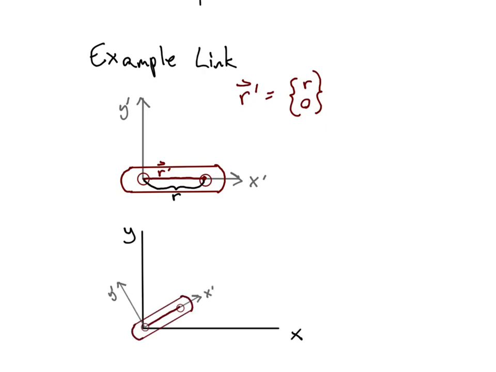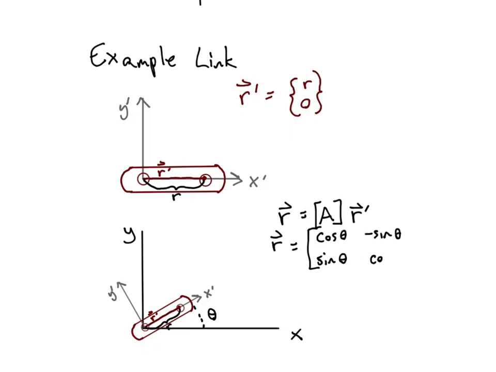Now, if we then tilt our link up, because it's rotated a bit with respect to theta, we can say that R is equal to our A matrix times R prime. And that's going to be cosine theta, minus sine theta, sine theta, cosine theta times R, 0. And so now we're using theta and not phi, because phi was how we defined it. In this case, we have a specific theta.